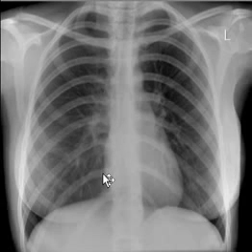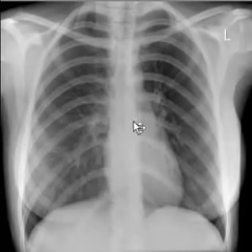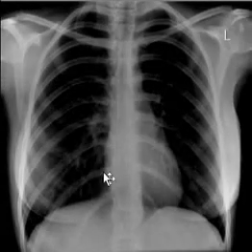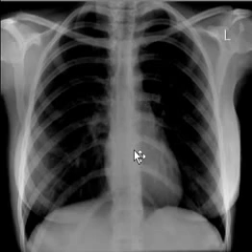Right heart border, outline of ascending aorta, the arch of aorta is in the middle, descending aorta, and then thoracic aorta. So this is thoracic aorta. This fine line here is clearly visible.